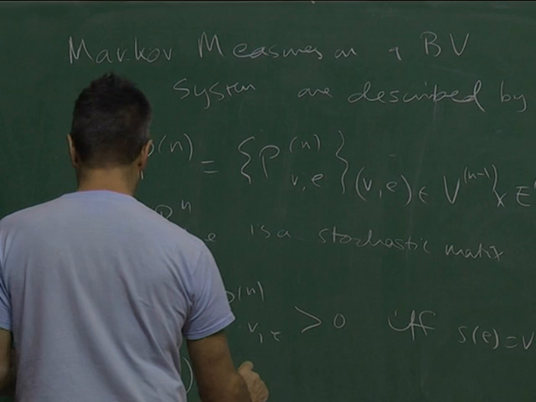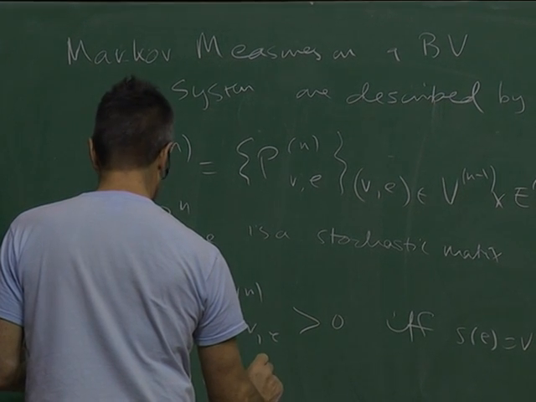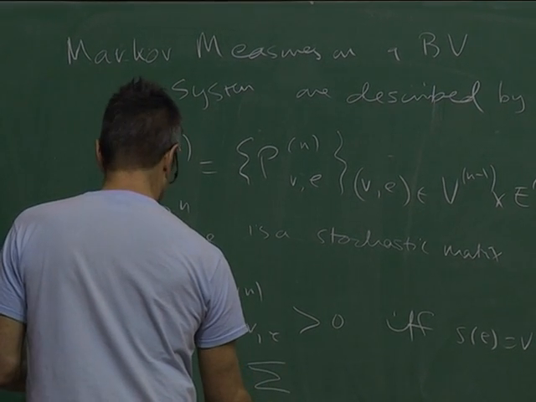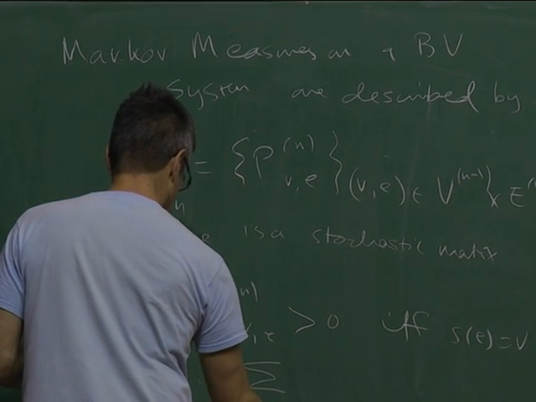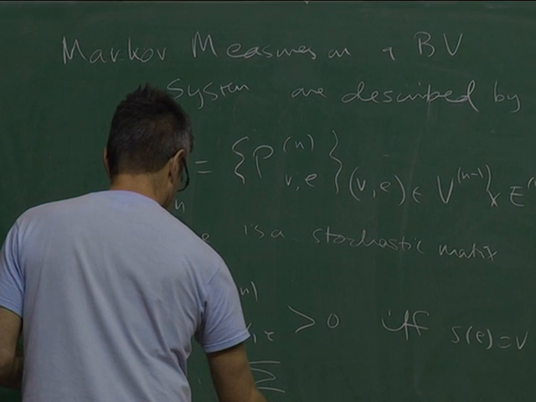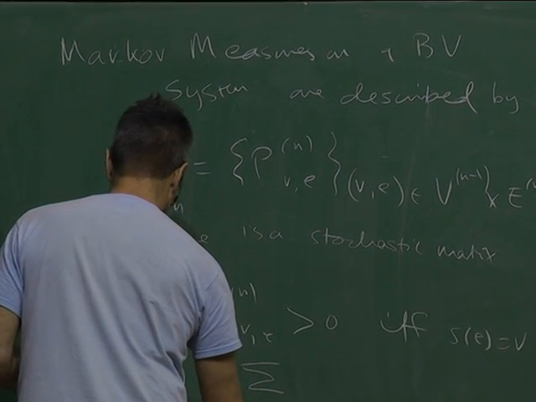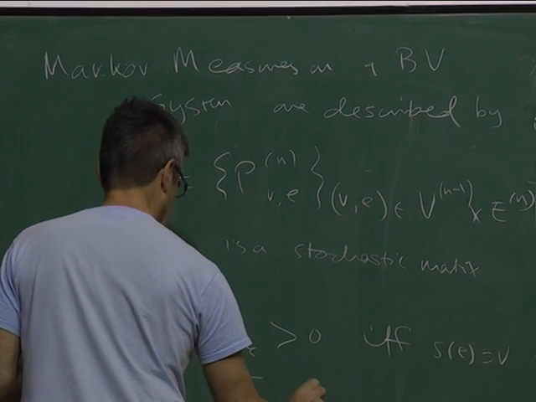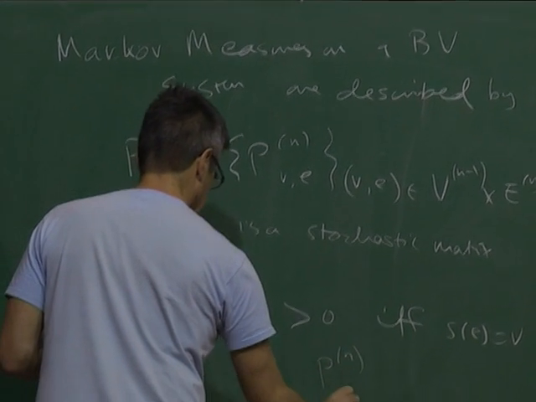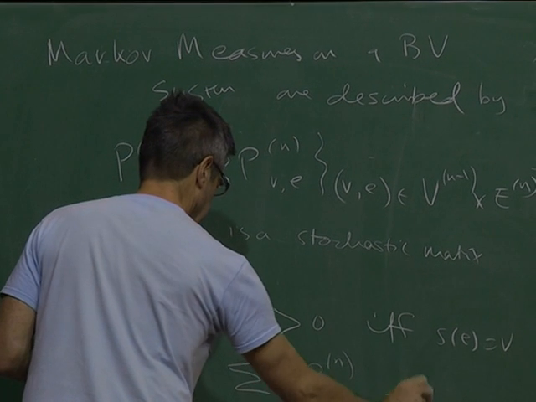And secondly, there's a kind of normalization condition: the sum over the set of all edges E in E_N such that the source of E is equal to V, of P_N(V, E), is equal to 1.